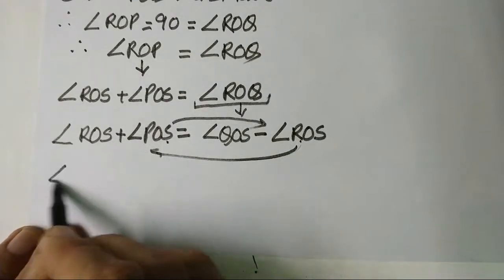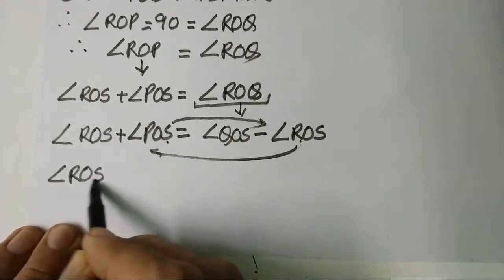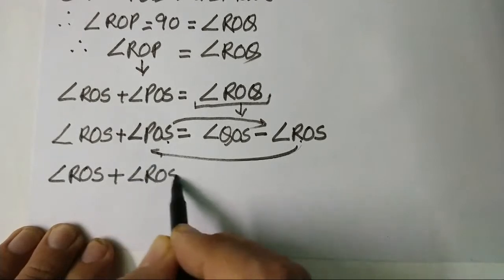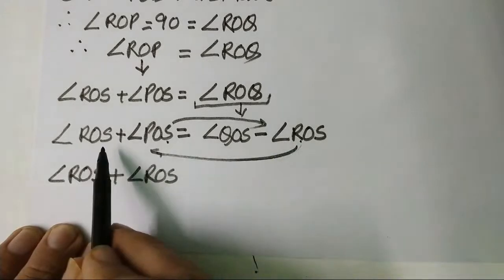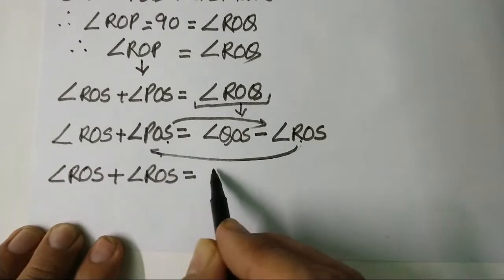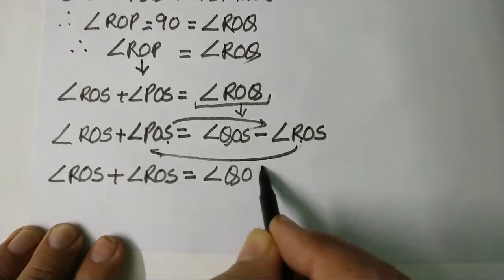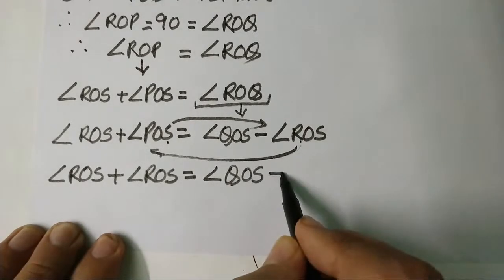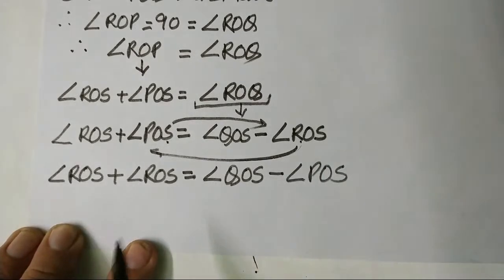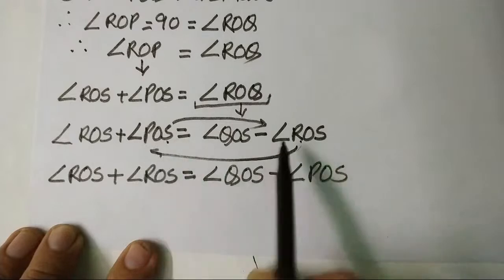When I change this side, it will become angle ROS plus angle ROS, because I have brought this to the left side, this I will bring to the right side. So it will become angle QOS minus angle POS. So just interchange.